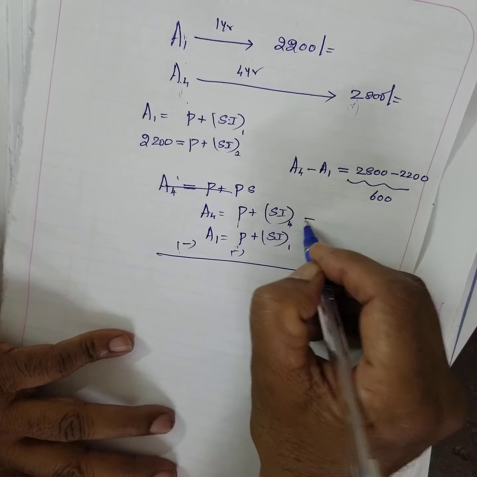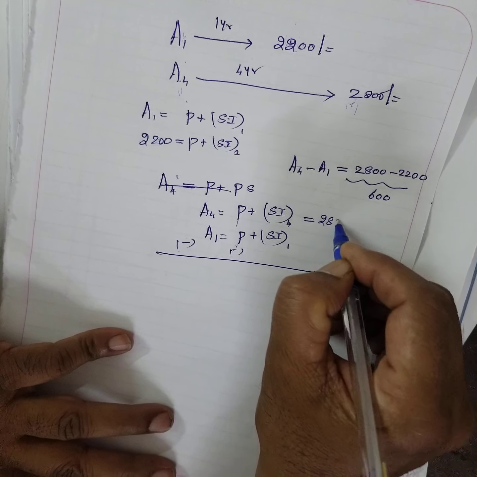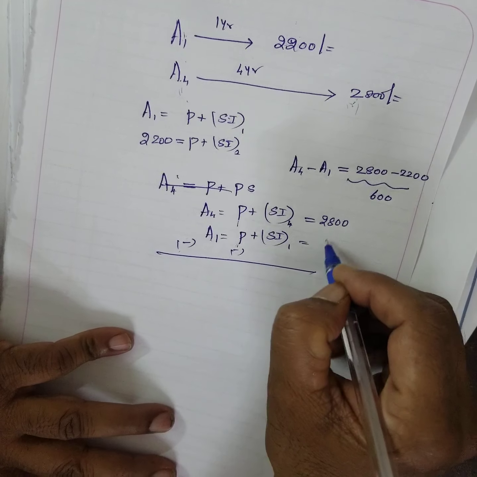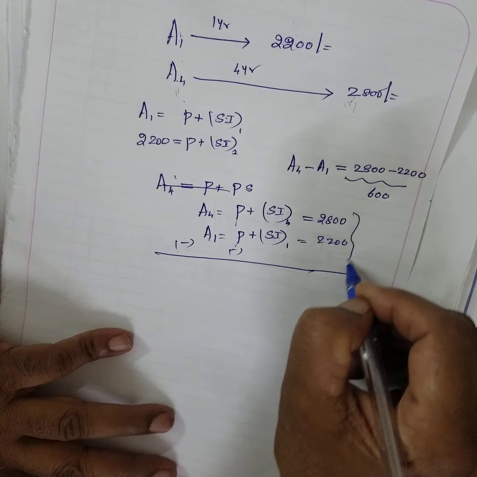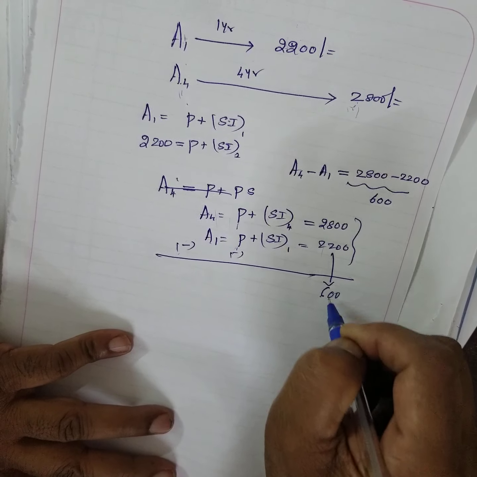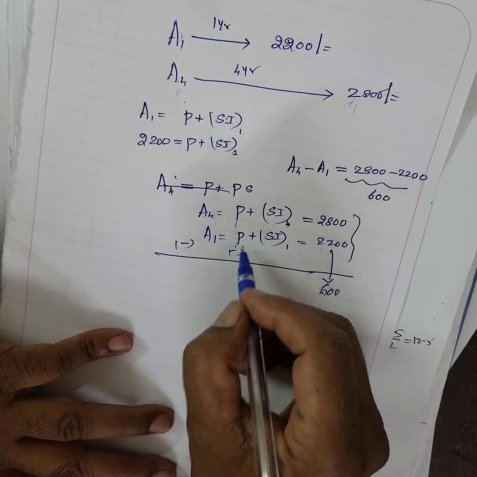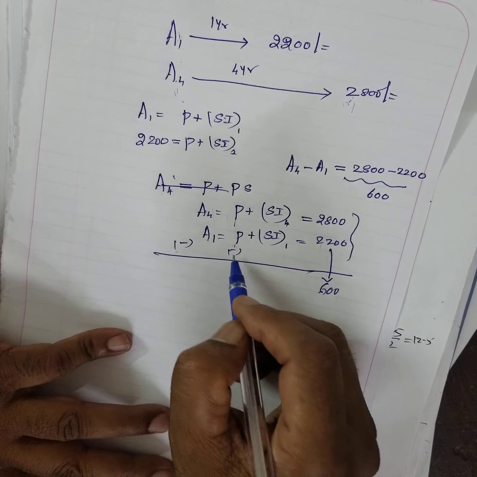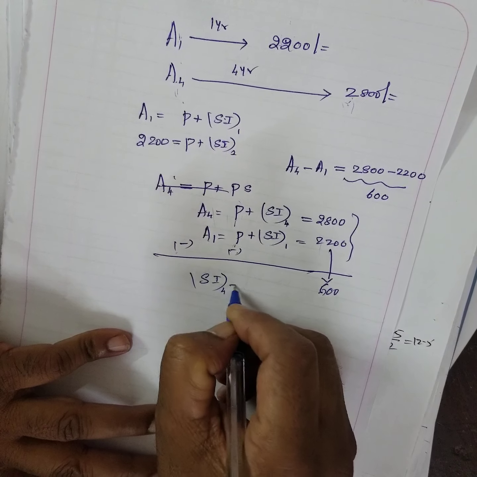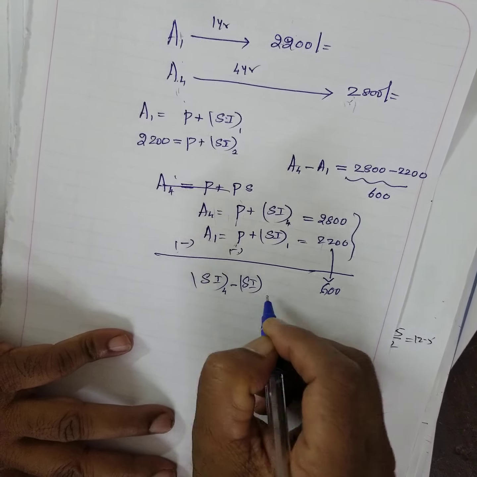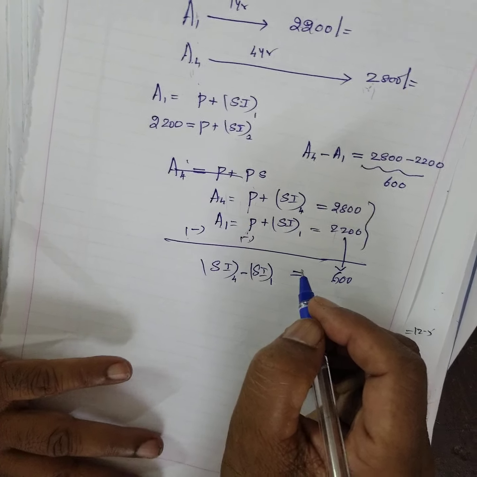A4 is 2800, A1 is 2200. If I subtract, how much will I get? 600. That means if I subtract this, P and P get cancelled. Simple interest for 4 years minus simple interest for 1 year is equal to 600.